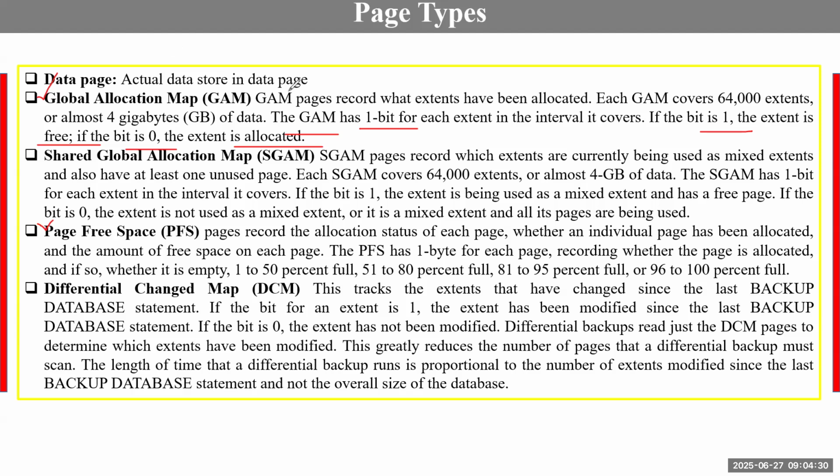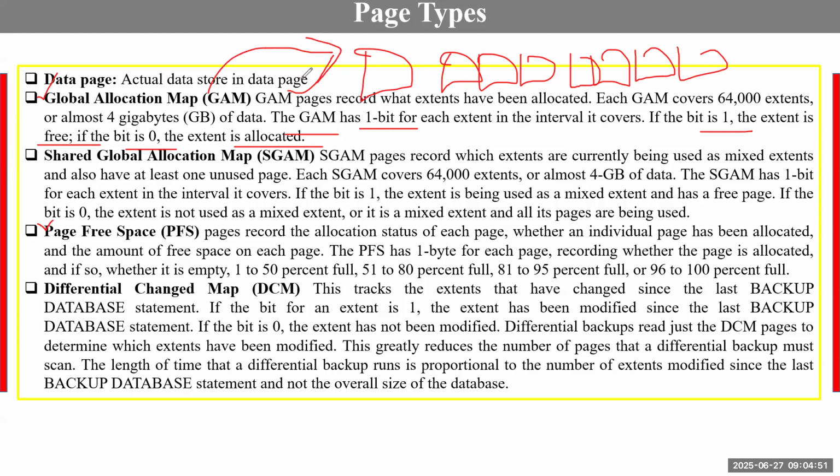Now, okay, the GAM page is allocating. You are saying that GAM is allocating extents. Now, this is your extent. The GAM page is allocating one extent. Each page's free space information is tracked by the PFS page.